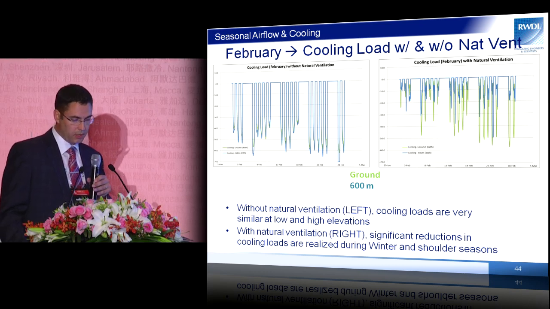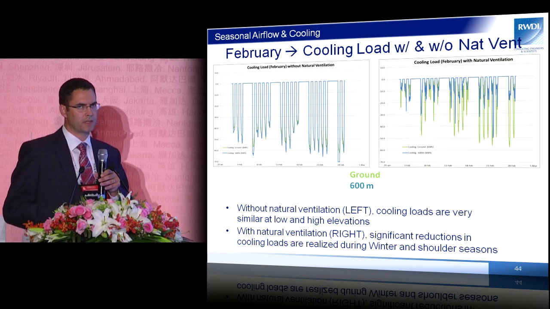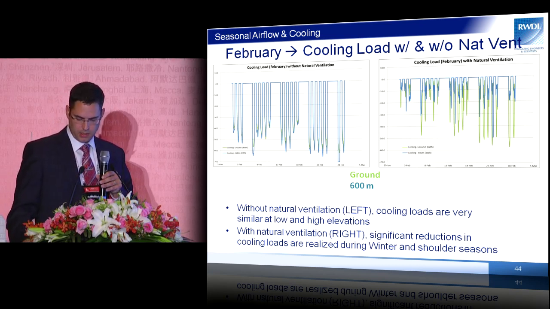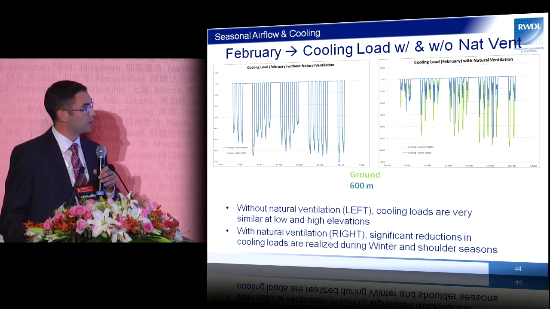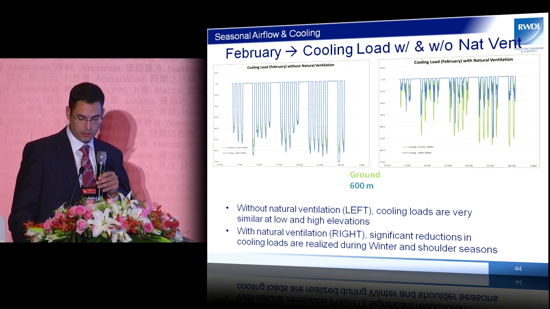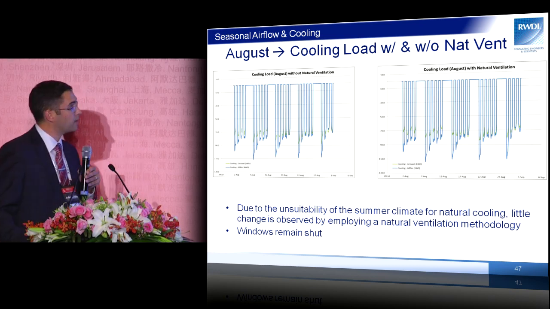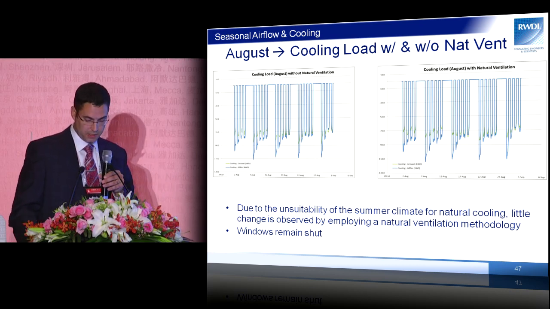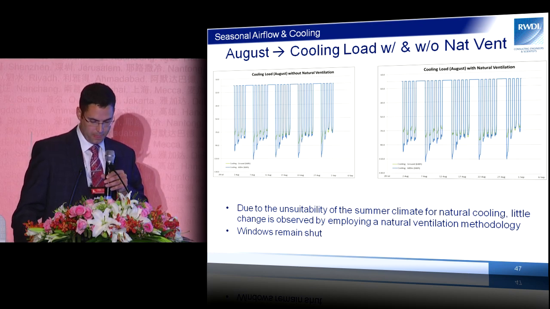And one more thing that he included in this is that he did find some differences in just standard atmospheric data assumptions that go into energy modeling versus what we were able to extract from the WRF modeling. So again, that was a level of precision that he was able to add in. And while it didn't change the overall conclusion, it may have some effect on a particular design. But when we got into the very hot times of year in that particular climate, it didn't make any difference, because if you were to open the window, it would be very uncomfortable, put it that way.